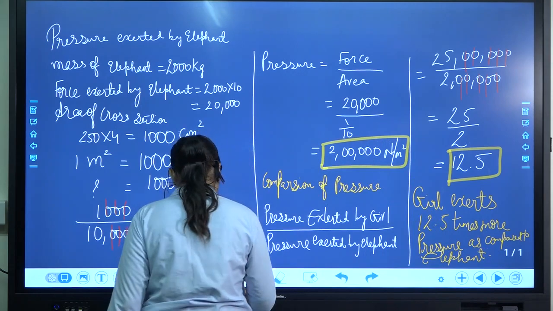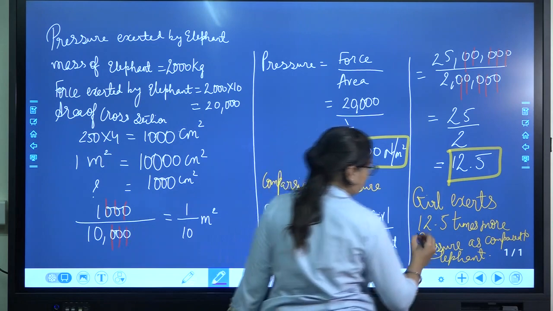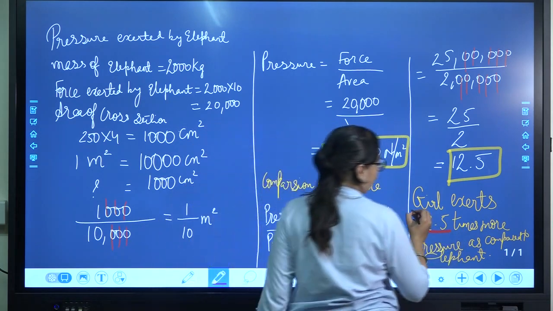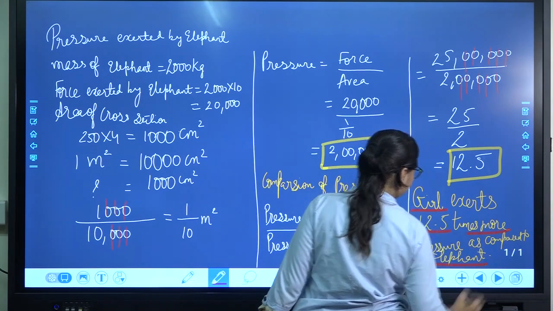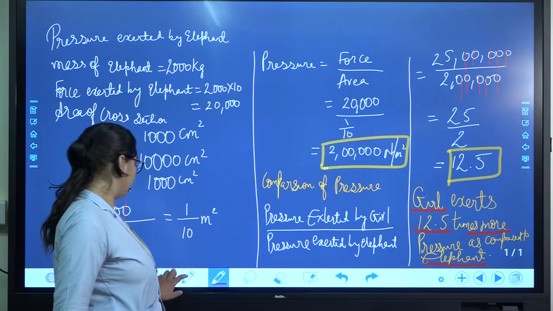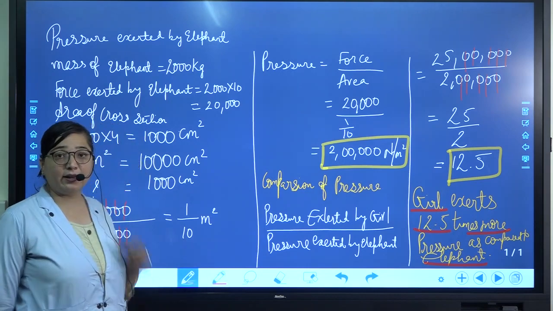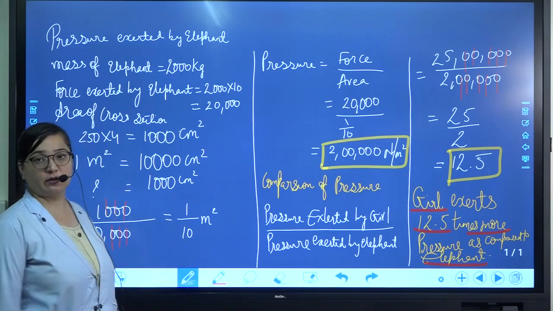Okay. I'll teach you the whole numerical once again. But before that, only read this much part. Only read.